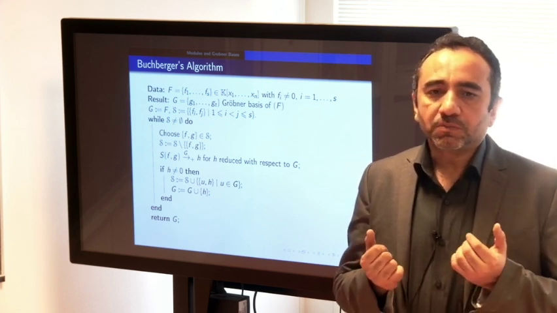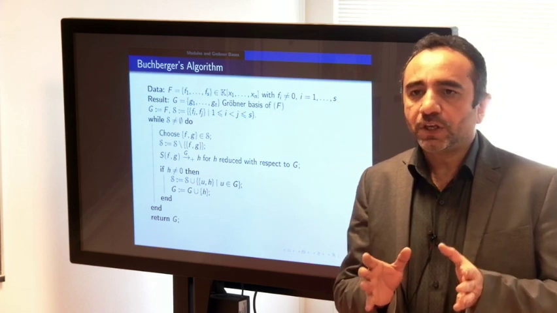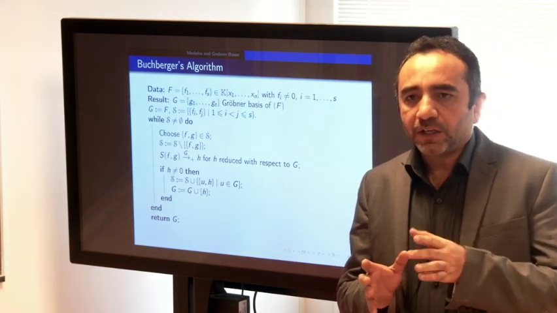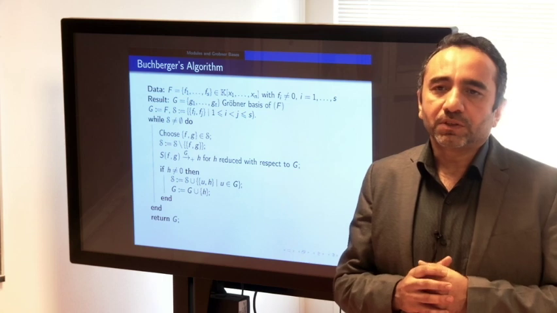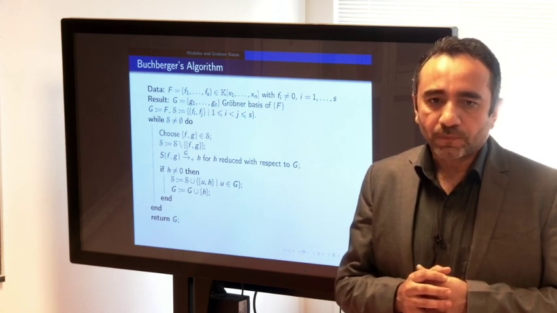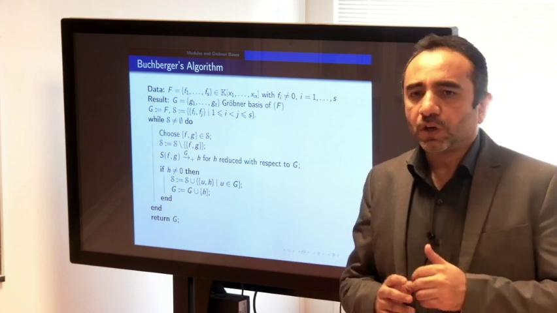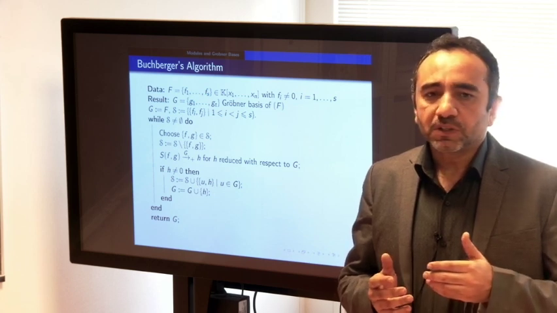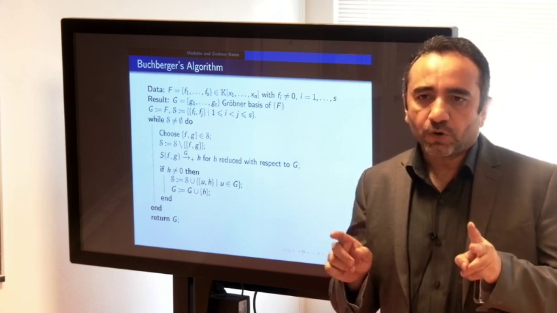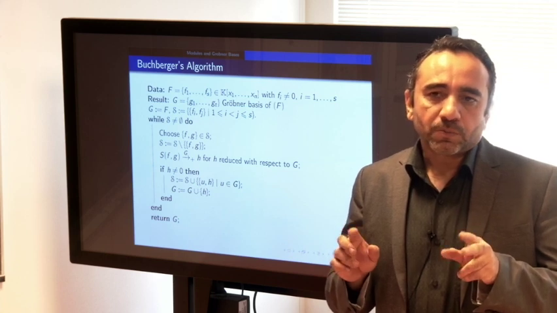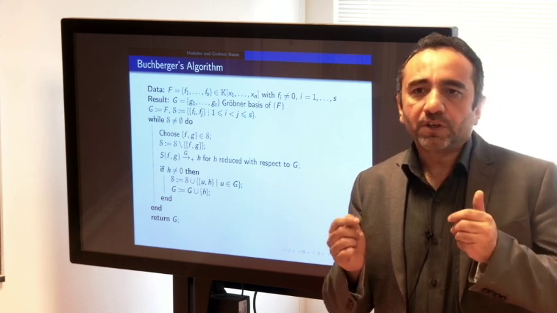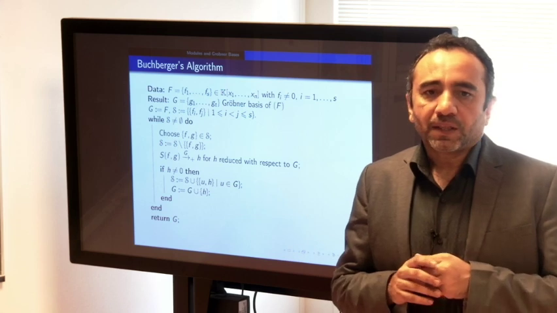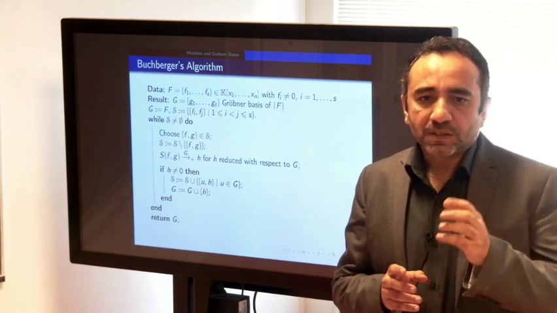The output is some set G, which is actually a Gröbner basis for the ideal generated by that original given set of polynomials. So just to go through this, what we do is first take a collection of all possible pairs of the given set F, and that we denote by S.